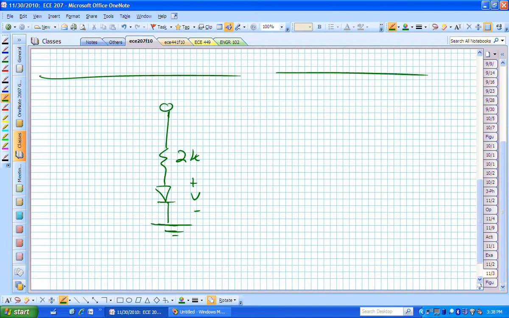Or actually, what we might want to think of is now instead of that just being a plain ordinary diode, maybe we want to precede it with a couple of more names and call it a light emitting diode or an LED. And that's what we want to talk about now.